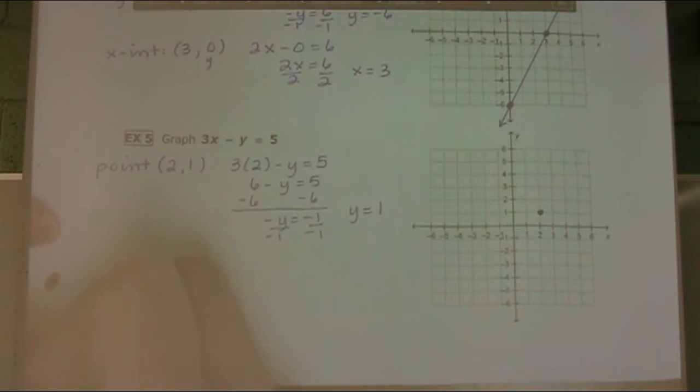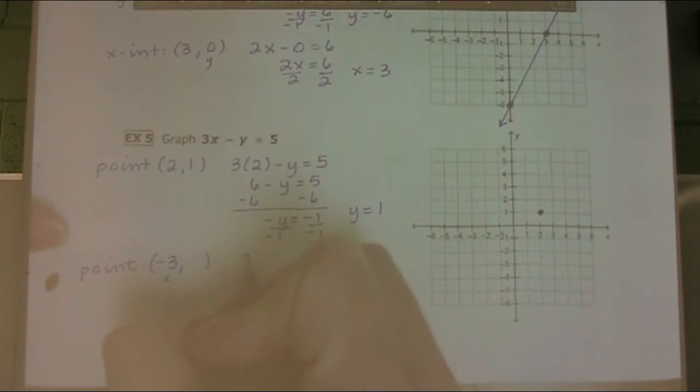How about this? Let's put in negative 3 and see how that comes out. So I'm putting negative 3 in. This is my x value.